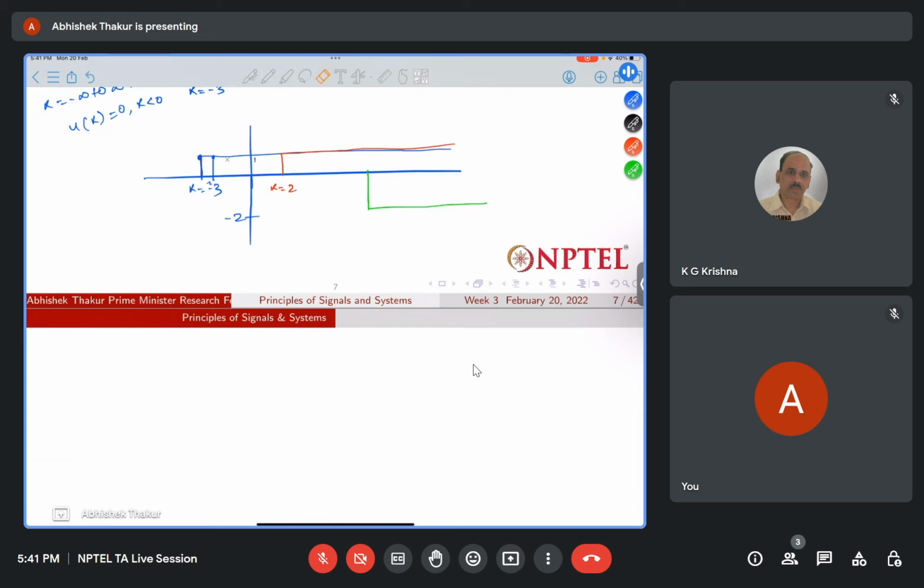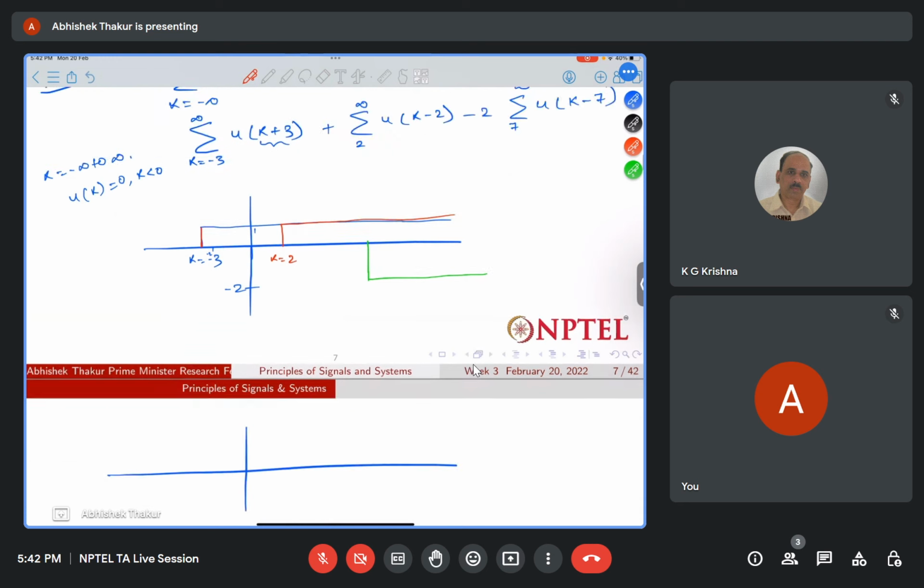We can erase this one. So it will be like this. Minus 2, minus 1, and at 0. So now for simplicity, let it be like this. Originally we will draw it as a discrete signal, like the final summed value.